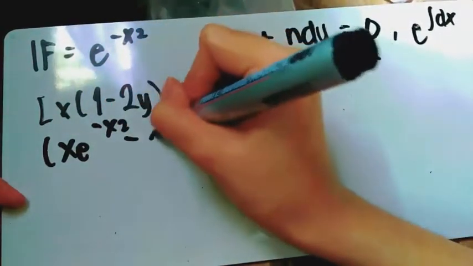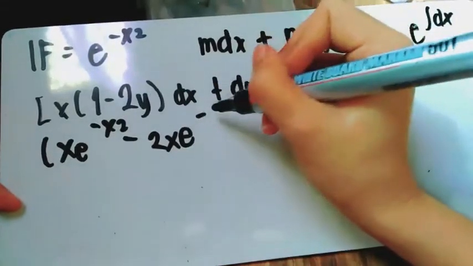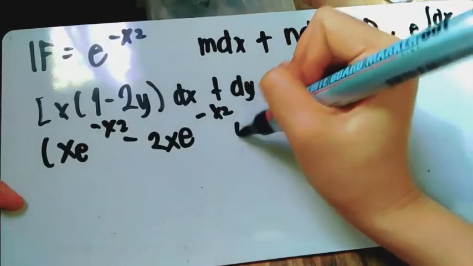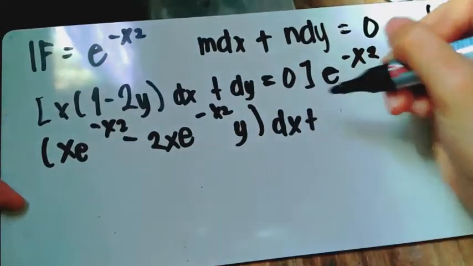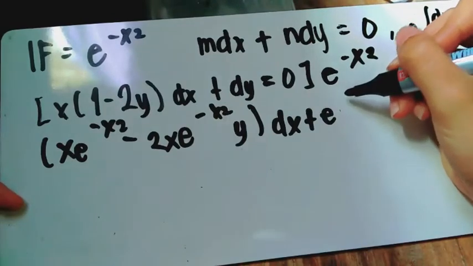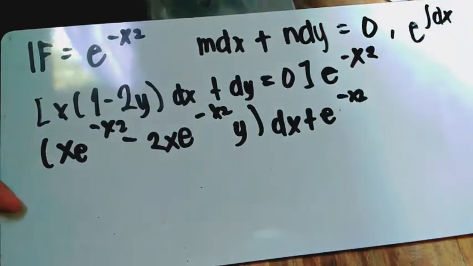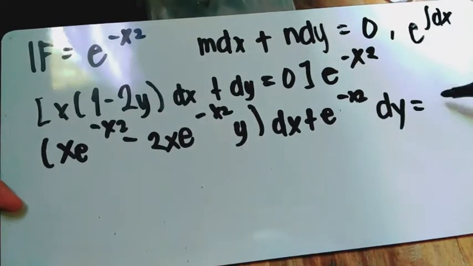X squared minus 2xe raised to negative x squared y dx plus e raised to negative x squared dy is equals to 0.